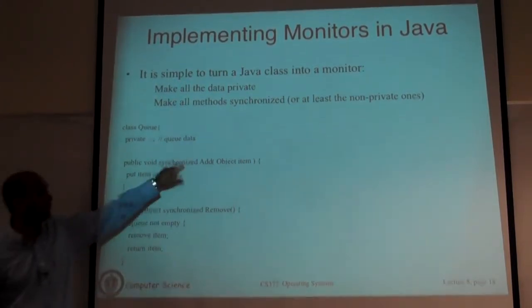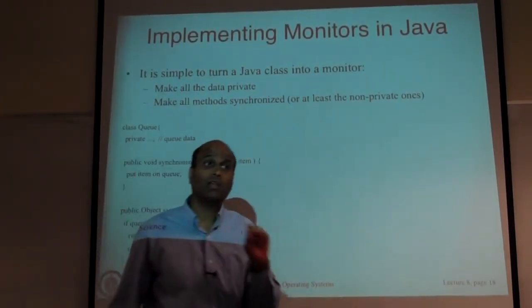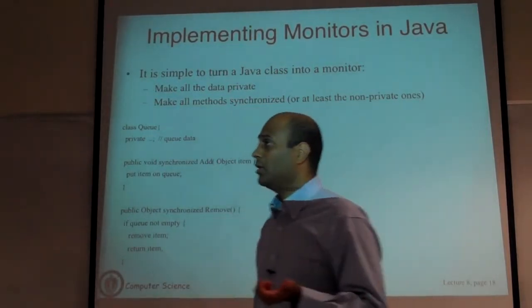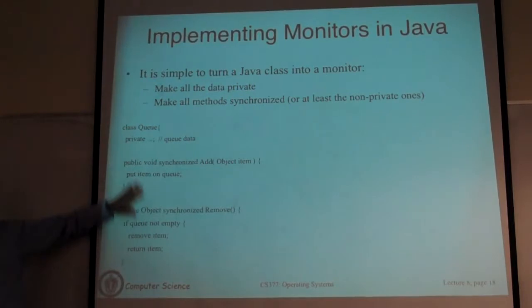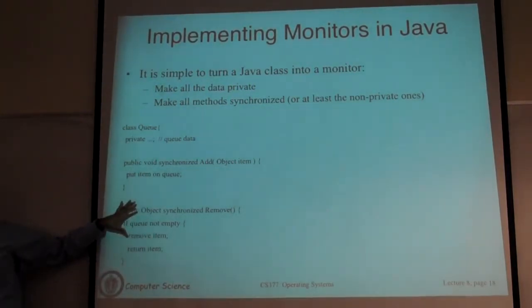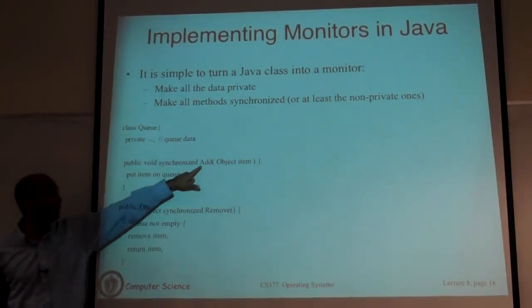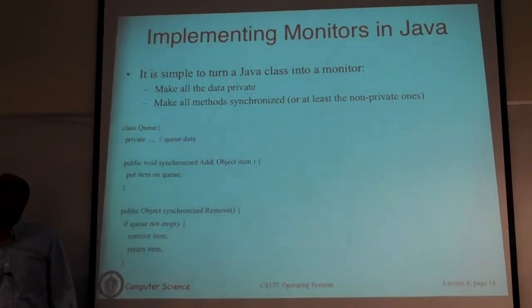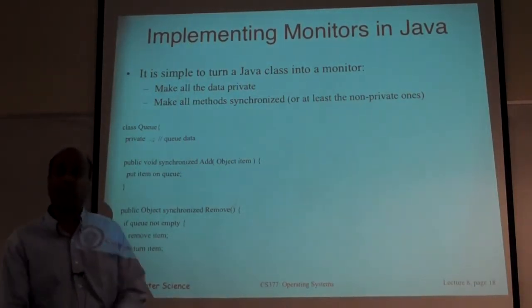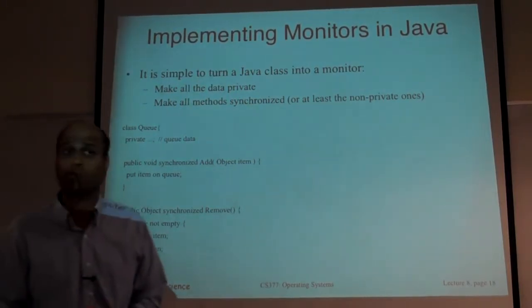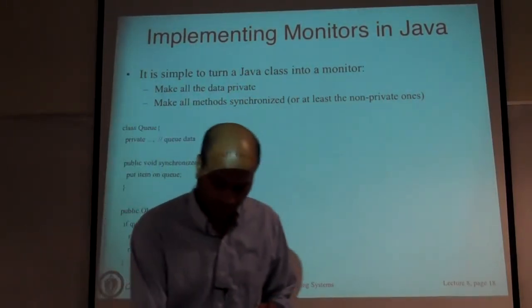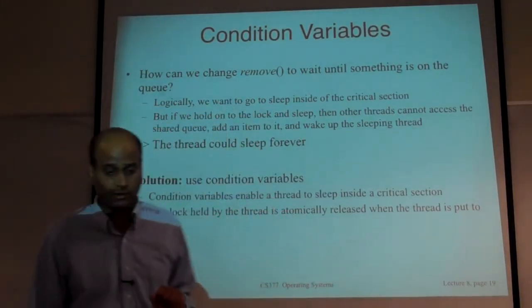By adding this keyword synchronized to a Java method, Java internally adds a lock around the object that you instantiate. Any time you call a synchronized method, you have to actually grab a lock. You, meaning the JVM, will grab a lock for you, so you don't explicitly do anything. So monitors are built into Java.